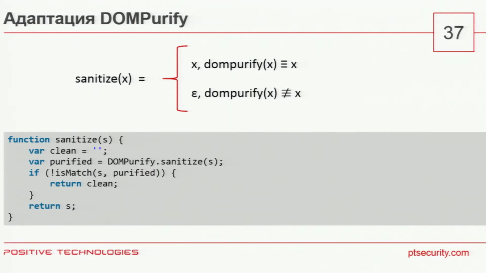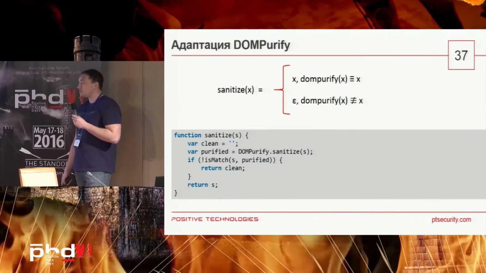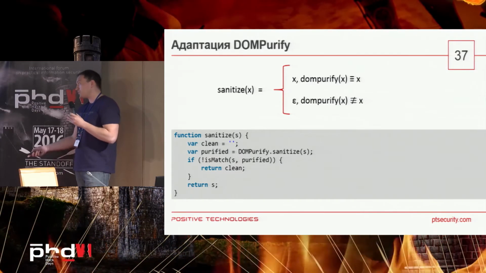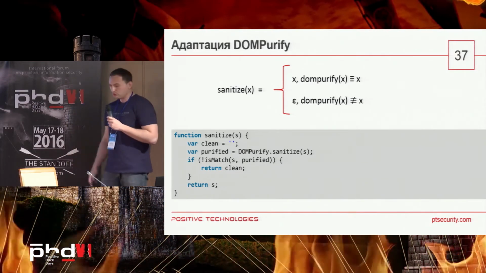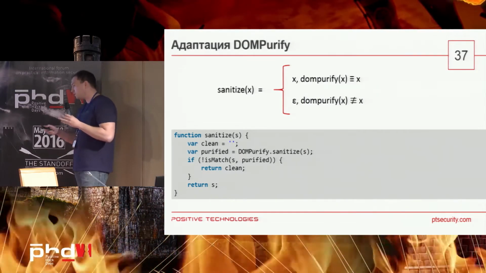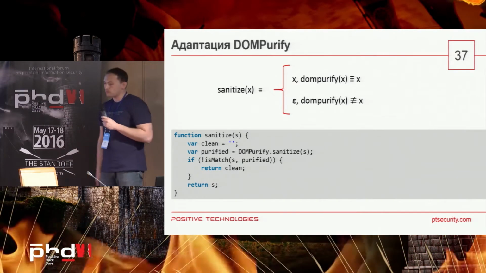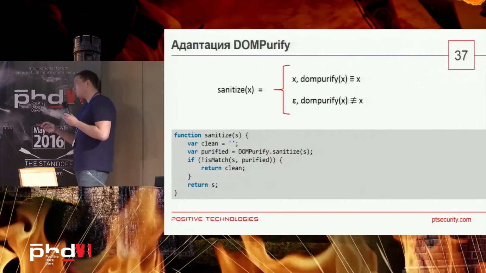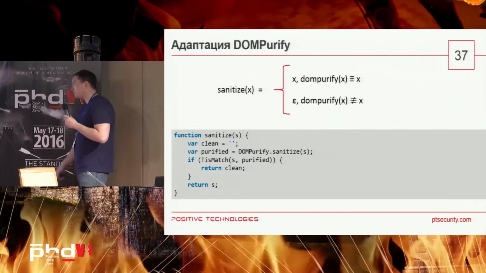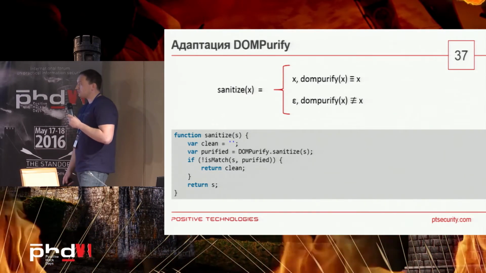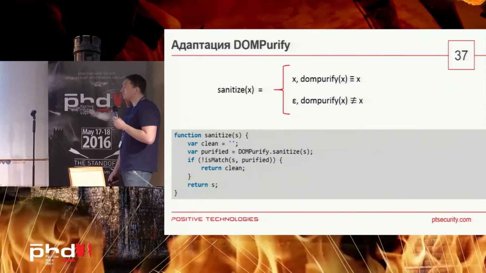If the lines fail to coincide, we believe that the entered vector is HTML, and secondly, it fails to comply with our policies, and we do not return a sanitized DOM Purify vector. Instead of that, we return a preset value. Or it can be suffixed as a string, just like in other web applications. So the function is shown on the screen. This is an example using DOM Purify for data sanitation.